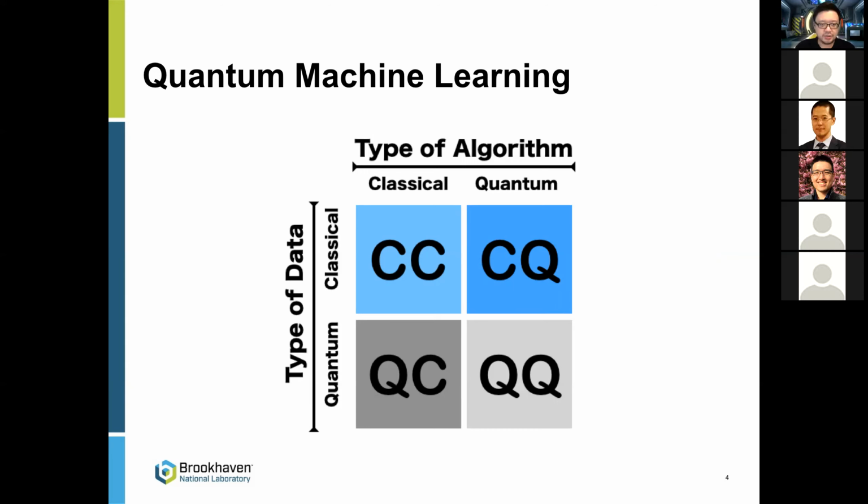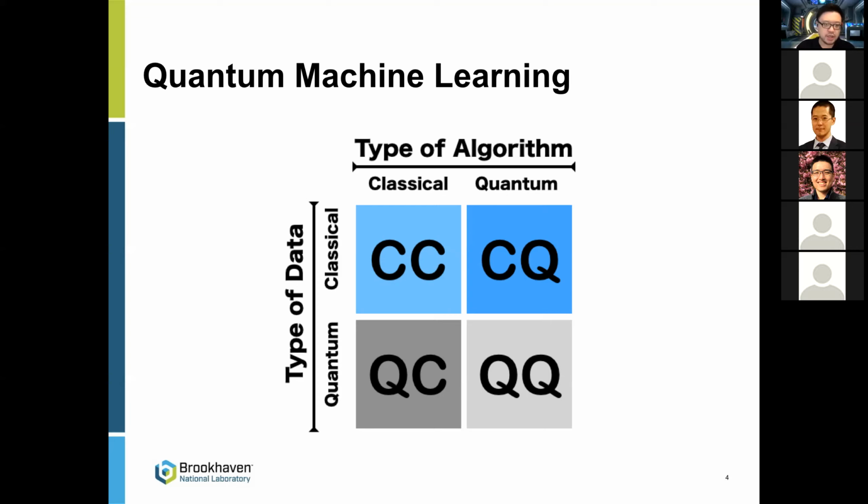And the CQ represents using a quantum algorithm to process classical data. This one is particularly interesting nowadays because most of the data that we have are classical. Say your speech data, your text data, your images, your videos, and many others.